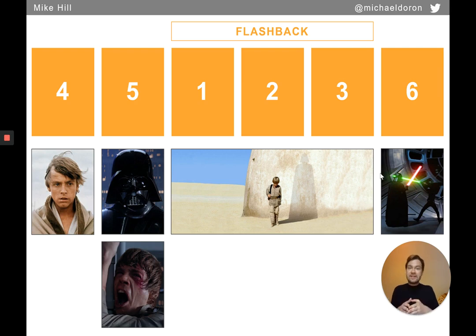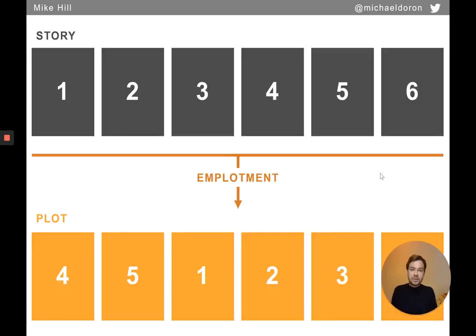And what that really is, I think, turning these films or switching them around to tell a better story, is emplotment. Because what Star Wars fans have done is they've taken the story, the raw material, as it were, of this chronological overview, and switched it around to tell a more compelling story, to tell that same story in a better way. So it turns into a plot.